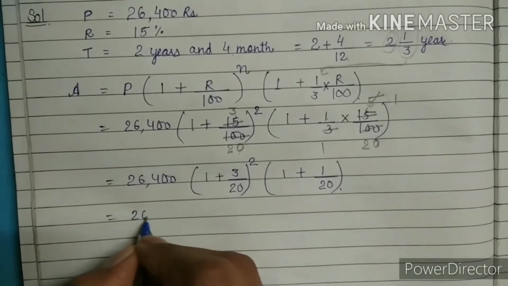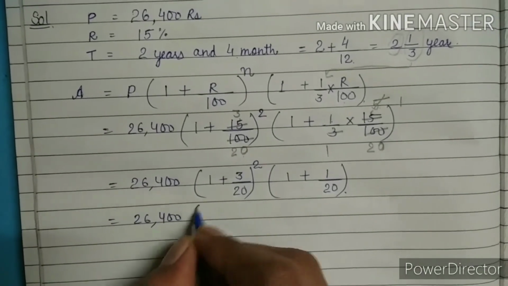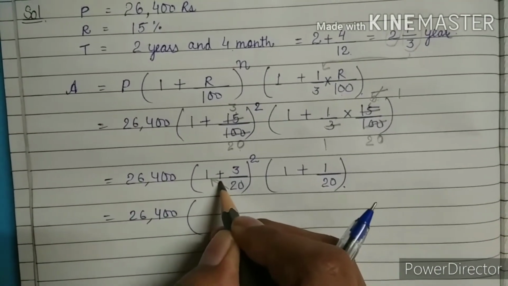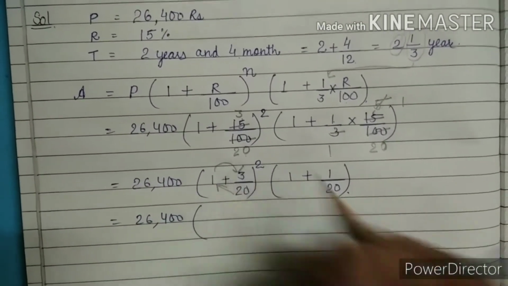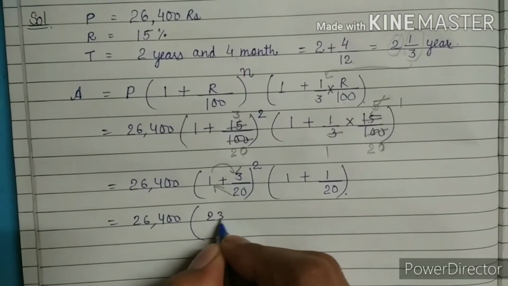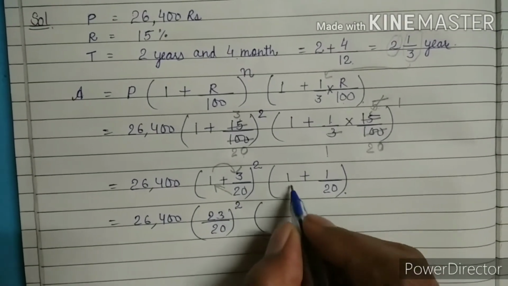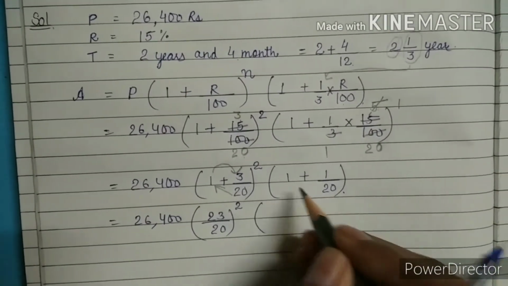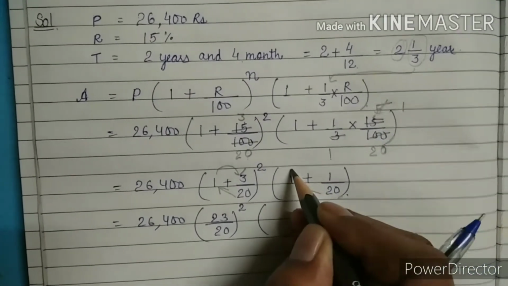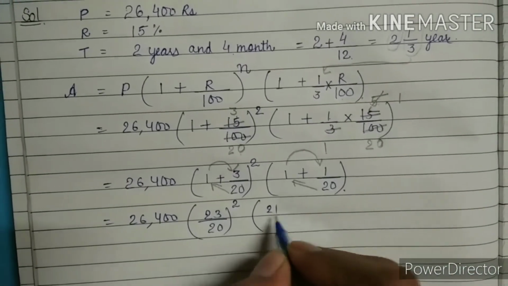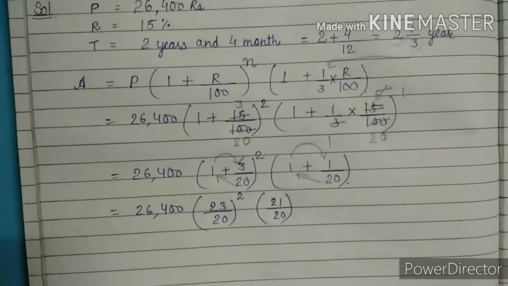Now 26,400 as it is. Now this time what will become? 20 plus 3 is 23/20, whole power is 2. Here 1 20 is 20 and 20 plus 1 is 21, so 21/20.